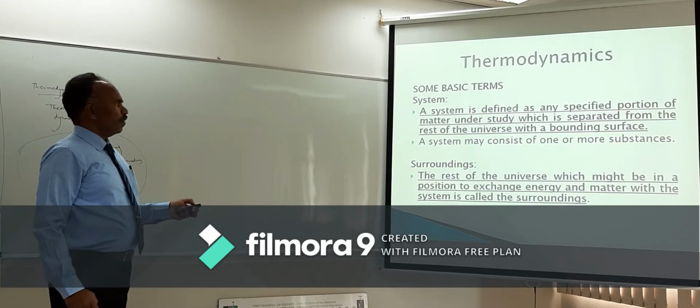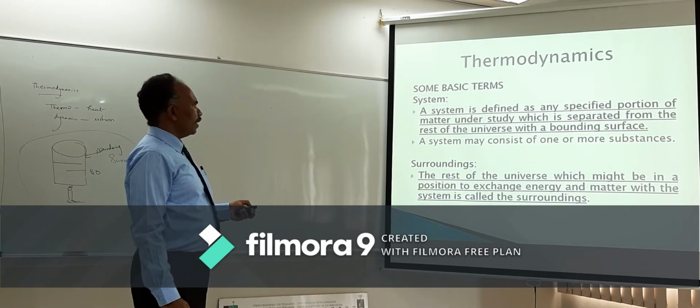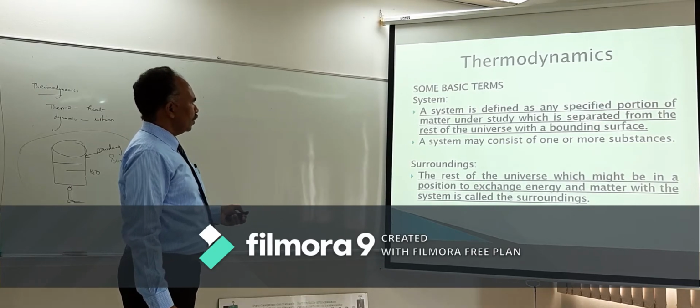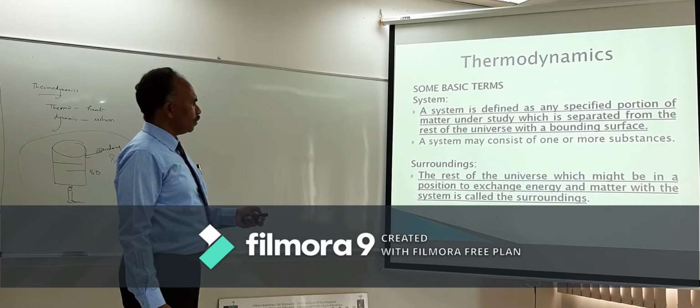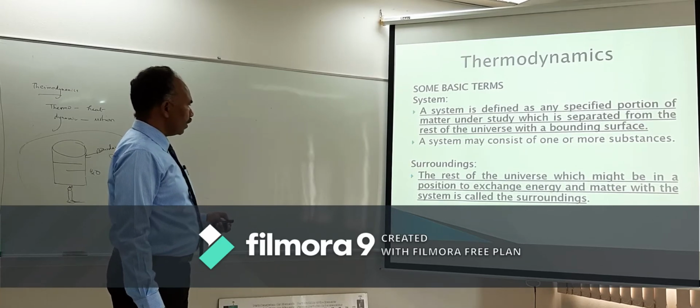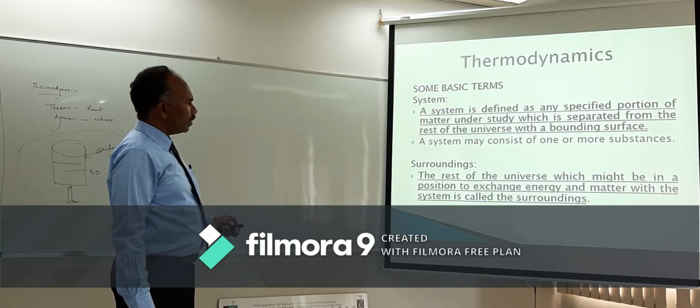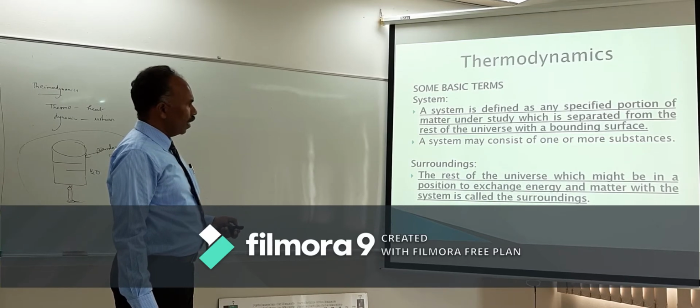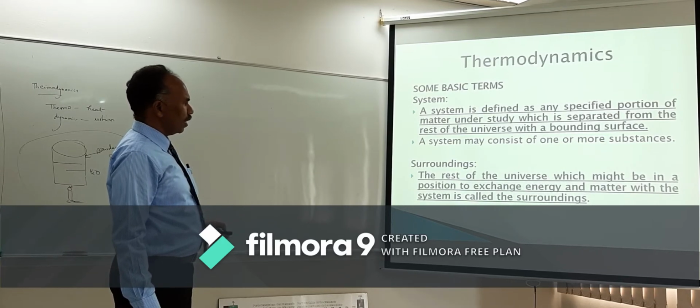A system may consist of one or more substances. Surrounding: what is surrounding? The rest of the universe, which might be in a position to exchange energy and matter with the system, is called surrounding.